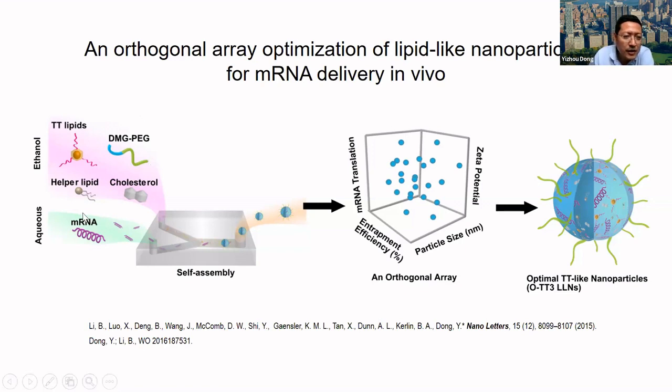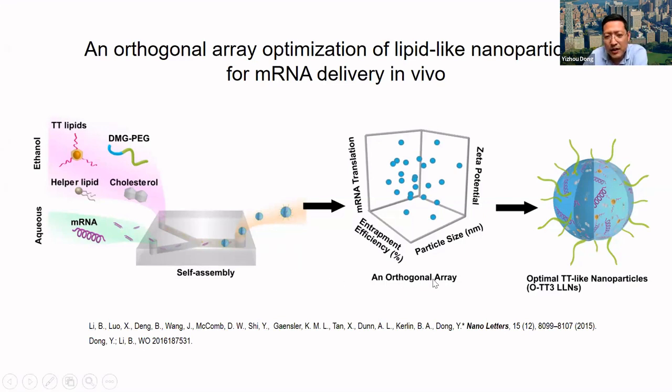And here the therapeutic cargo is messenger RNA. Through this very nice microfluidic-based device, these particles can form very nicely. And then we can study the particle properties, such as particle size, particle surface charge, loading efficiency of messenger RNA, and also protein production efficiency.